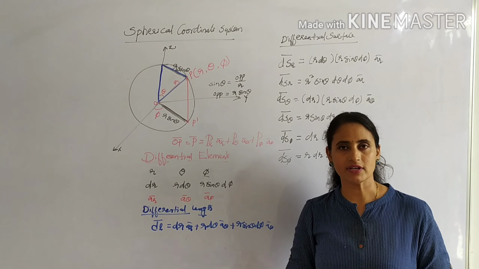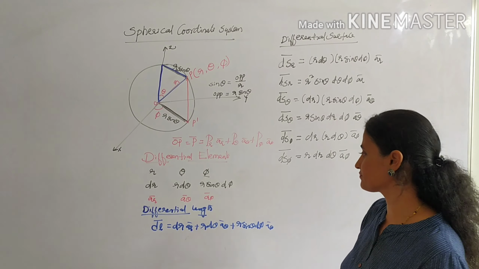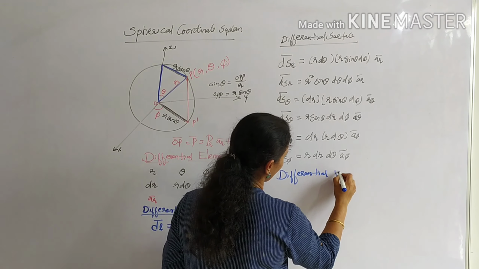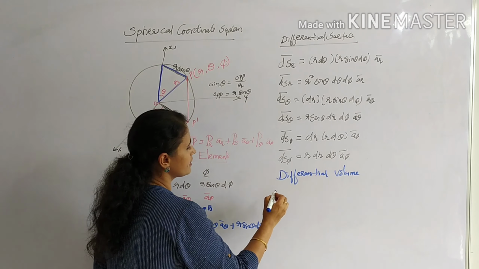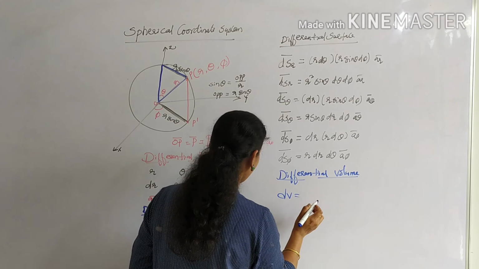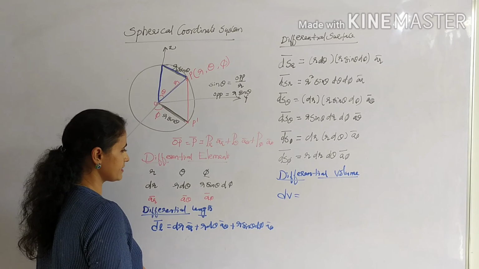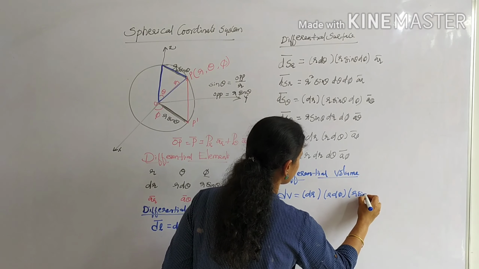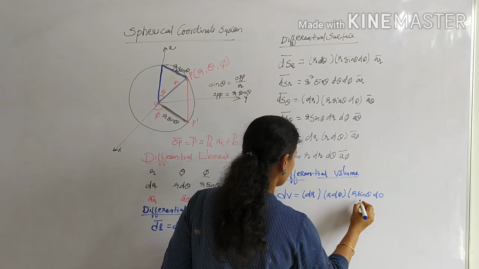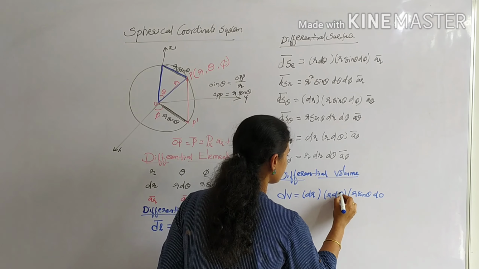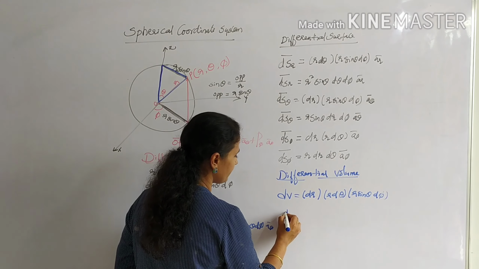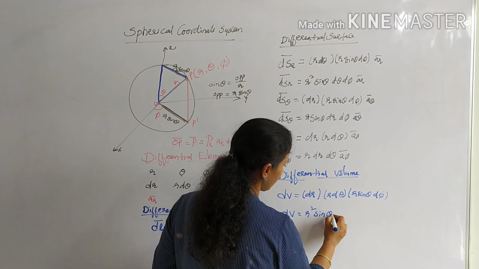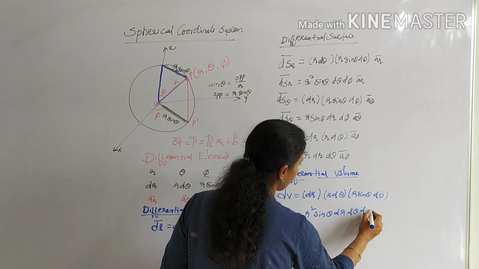Now let us write the equation for differential volume. The differential volume dV is given by the product of the three sides: r squared sine theta dr d theta d phi.